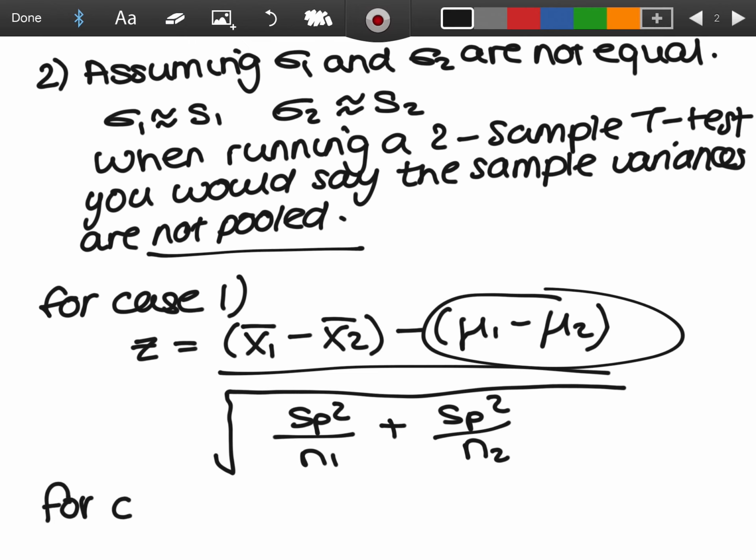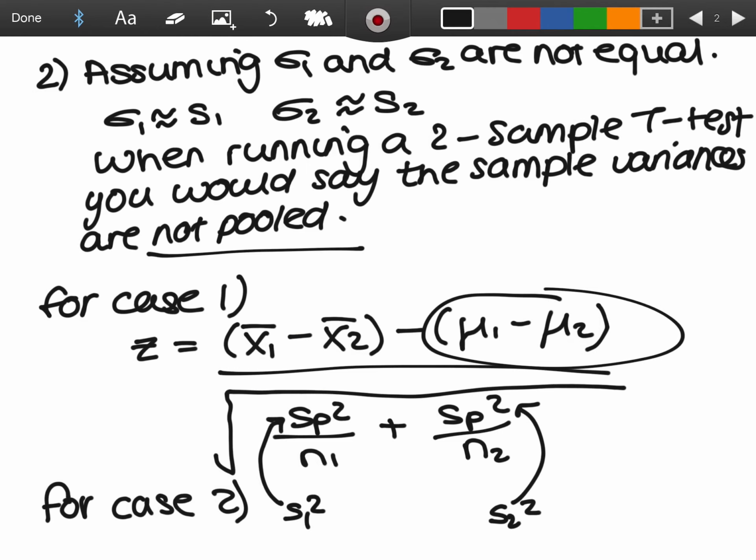For case 2, this is going to look very much the same. The only difference is this value here is going to become the variance for the first sample, and this value here is going to become the variance for the second sample. Remember, the variance is just the standard deviation squared. We're going to estimate each one of those population variances and each one of the population standard deviations by what the sample data gave us.